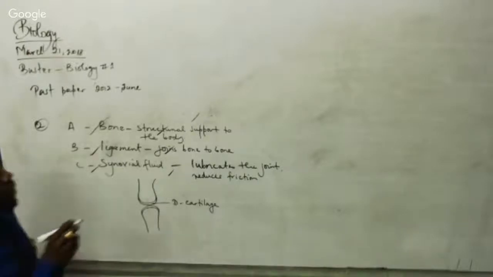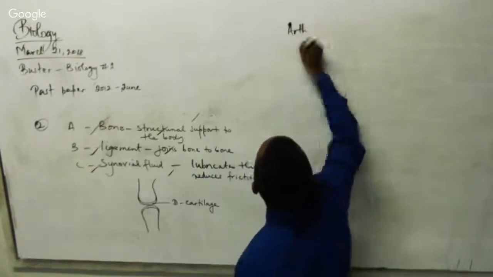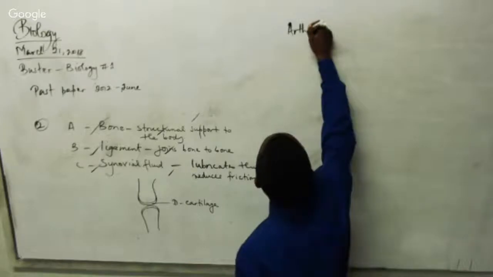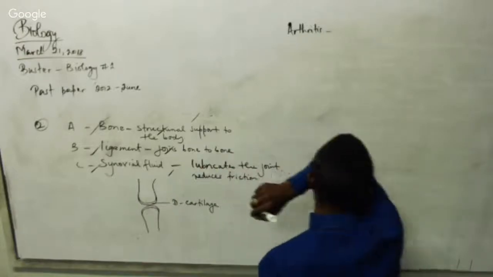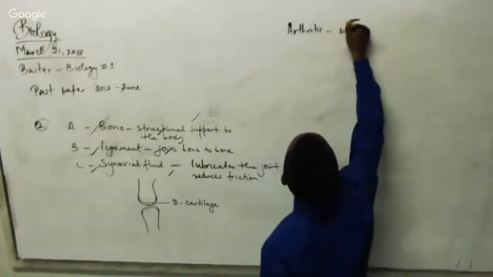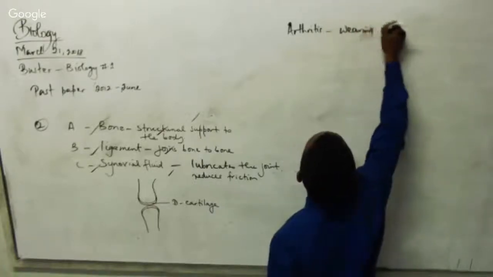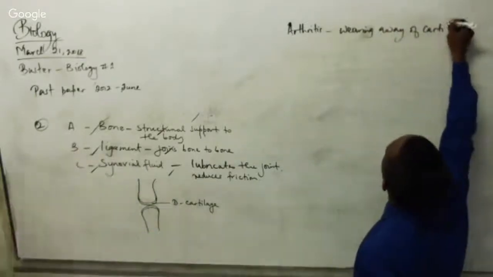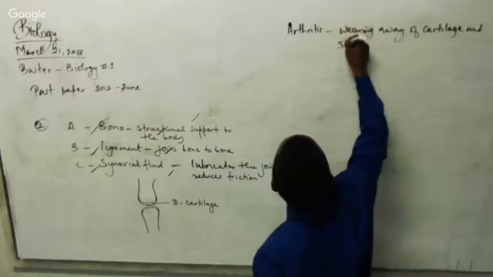First of all, when somebody has arthritis, what happens? It's irritation caused by the loss of the synovial fluid. Inflammation due to the friction. So it's the wearing away of cartilage and synovial fluid.